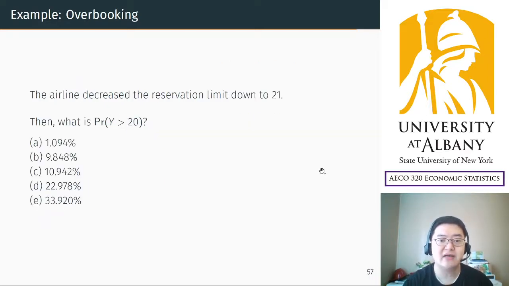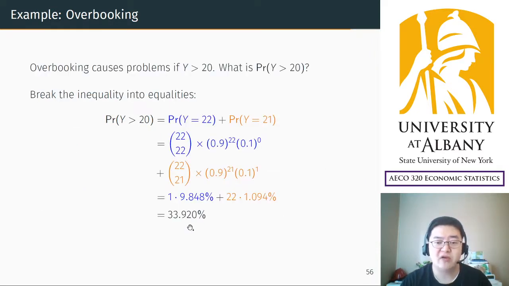Look at this. Because you oversold the reservations, you are in trouble with almost 34%. One third of the flights are overbooked and you are in trouble. You have to compensate or arrange something else, which is too much of a problem.